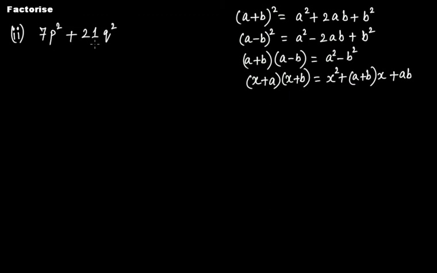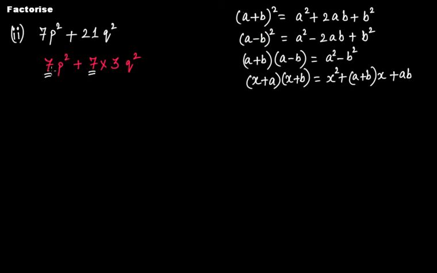7p squared plus 21q squared. Okay, now this 7p squared is 7p squared plus this 21q squared is 7 multiplied by 3q squared. Right? So in this term, that is 7p squared, this 7, and in this term, that is 7 multiplied by 3q squared, this 7.